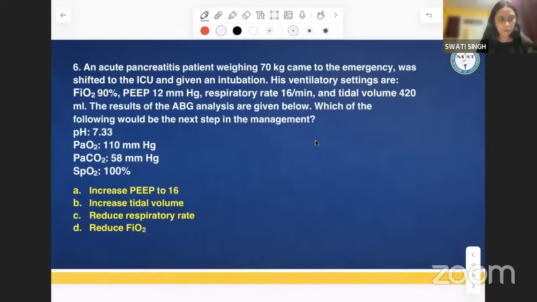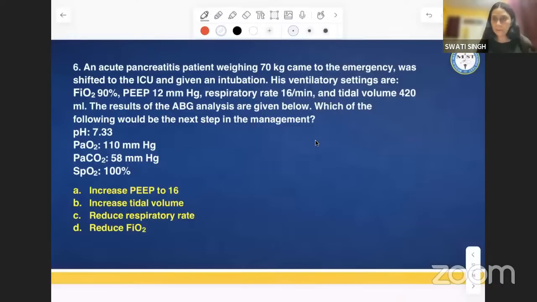Okay. The question is, an acute pancreatitis patient weighing 70 kg came to emergency, was shifted to the ICU and was intubated. His ventilatory settings are FiO2 90%, PEEP 12, respiratory rate 16, and tidal volume 420.